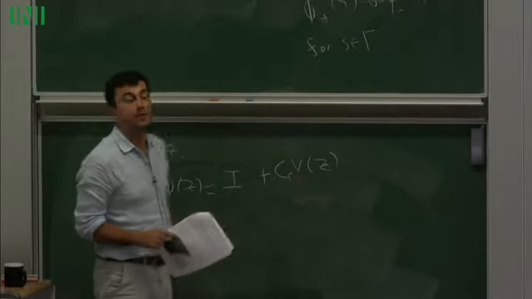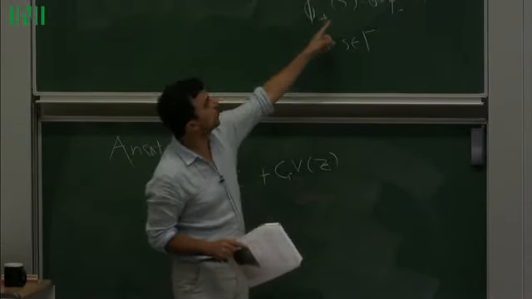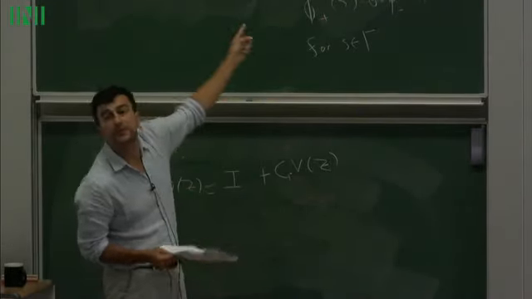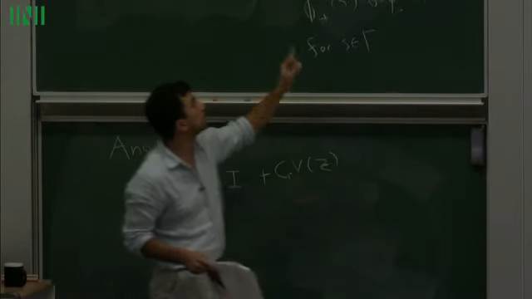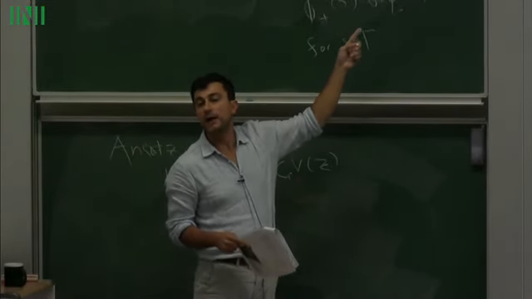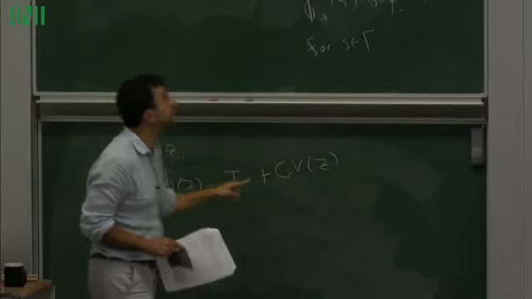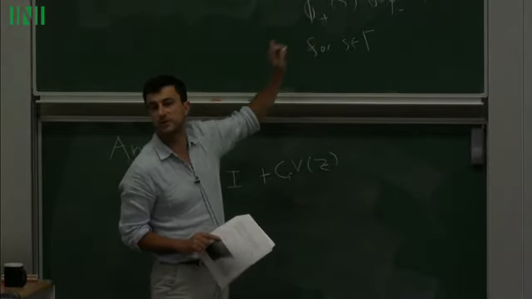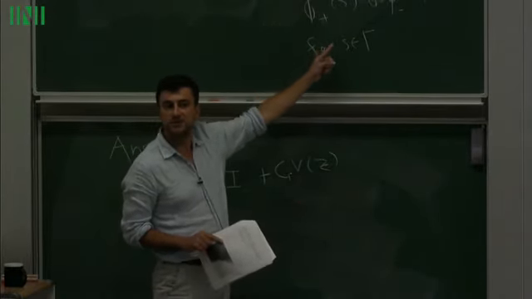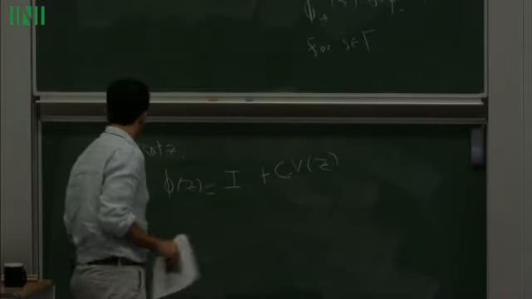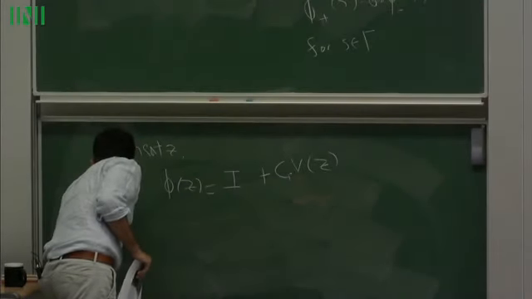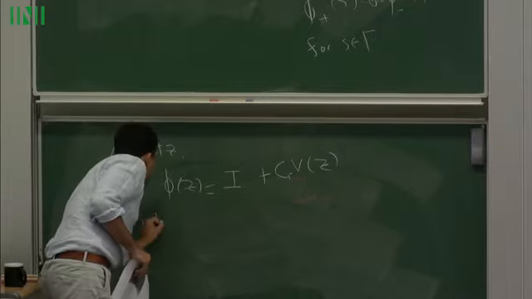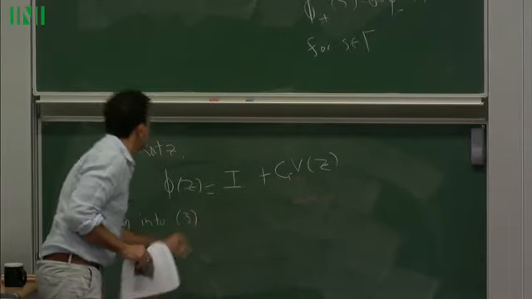Okay, so now this will immediately satisfy properties 1 and 2, and all we're left with is property 3, that it satisfies the right jump. And now we just plug this ansatz into this to turn the jump condition into a singular integral equation. So plug into property 3, and we get, what do we get?